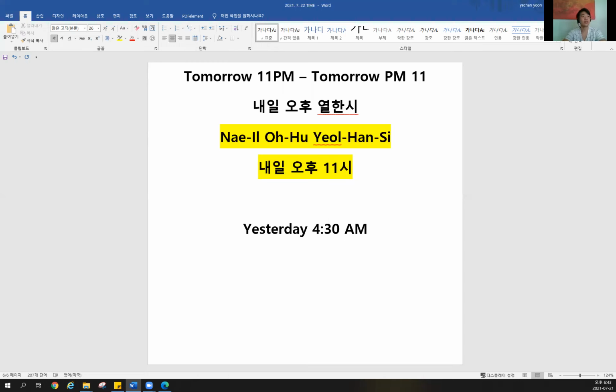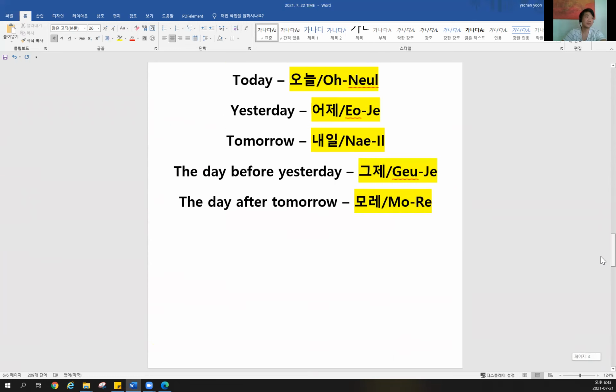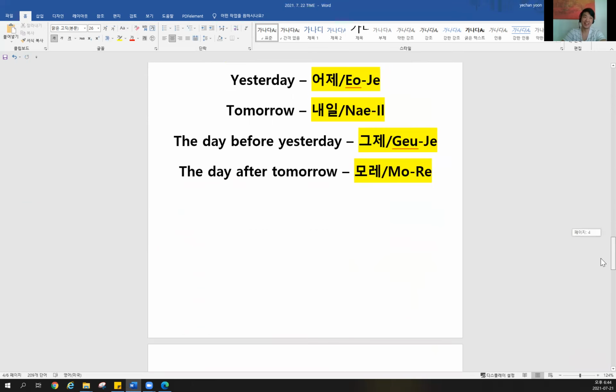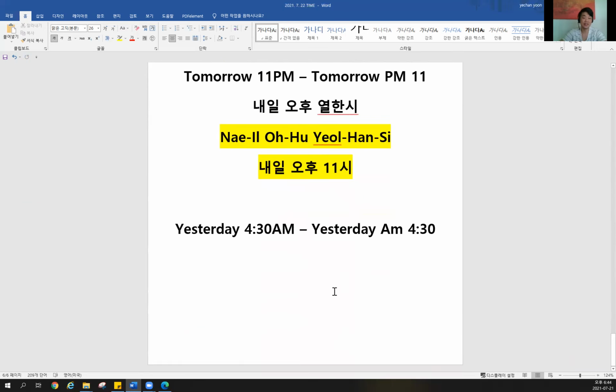This one. Yesterday 4:30 a.m. How can you say it, guys? Change the sequence: yesterday, a.m., and 4:30, right? Then how do you say yesterday? What was yesterday, guys? 어제. Okay, all right. 어제. And then a.m. is 오전.